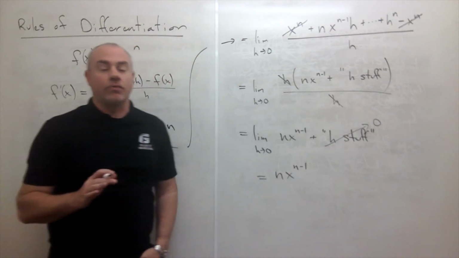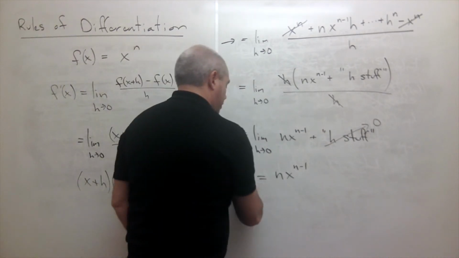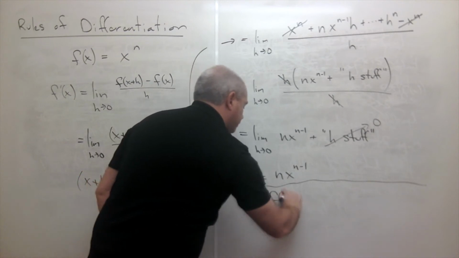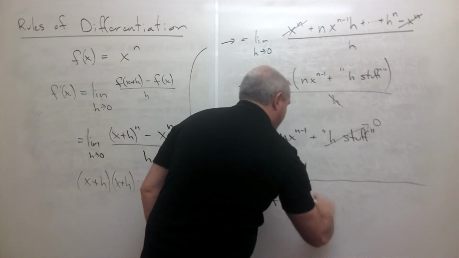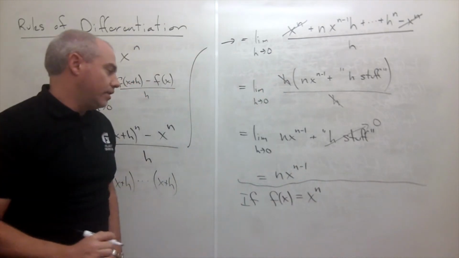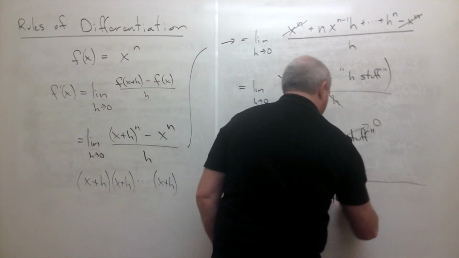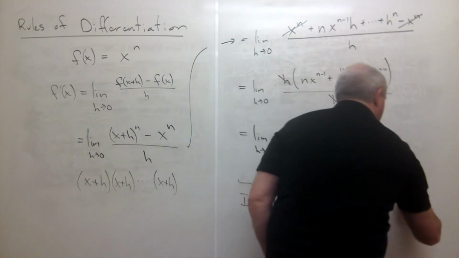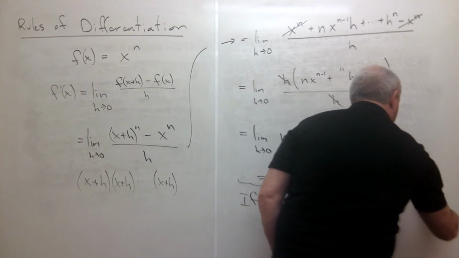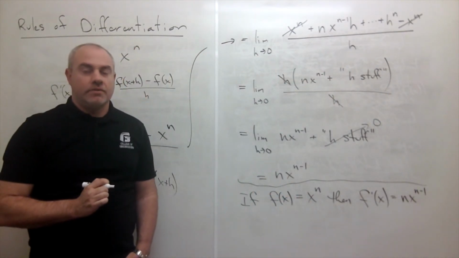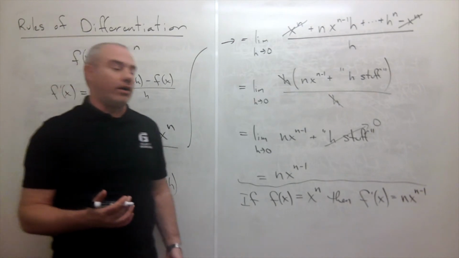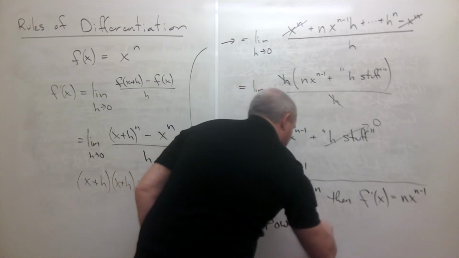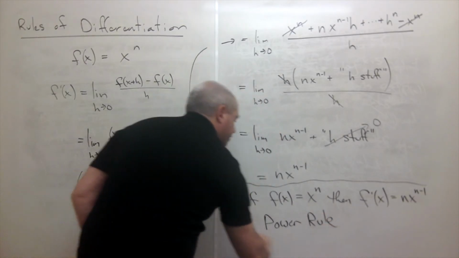So let me write this down one more time so that we can remember. If f of x is equal to x to the nth power, then f prime of x is equal to n x to the n minus 1. All right, and so this is what we call the power rule for derivatives.